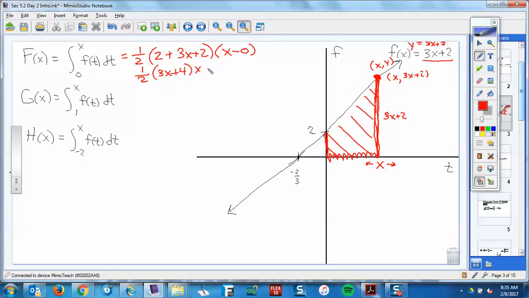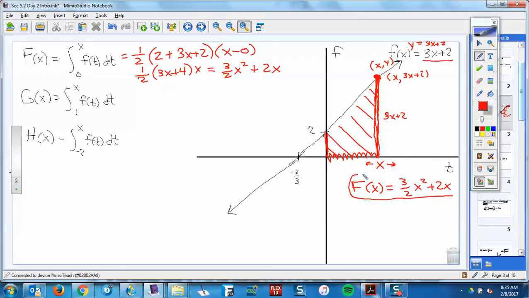So 1/2 x times 3x is 3/2 x squared, and then 1/2 x times 4 would be 2x. So we just found that big F of x is equal to 3/2 x squared plus 2x.